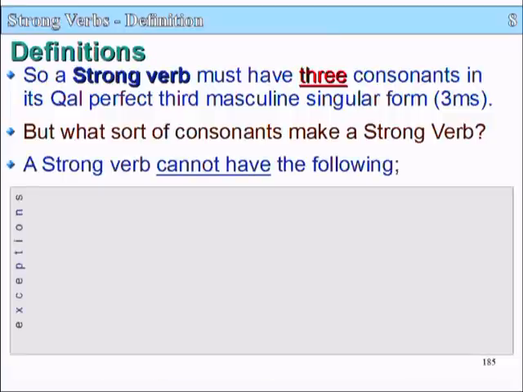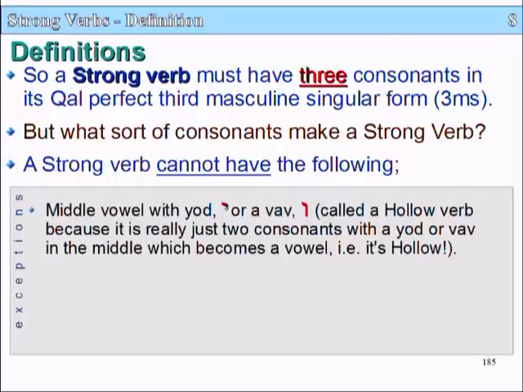A strong verb cannot have any of the following: a middle vowel with a yod or a vav, in which case it's called a hollow verb, because it is really just 2 consonants with a yod or vav in the middle, which becomes a vowel. That is, it's hollow.